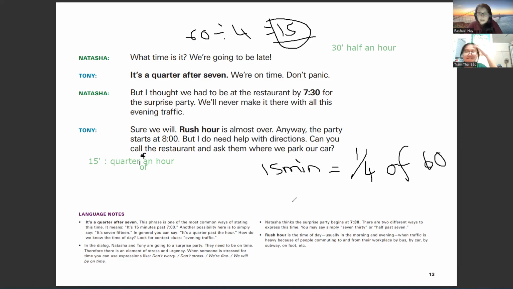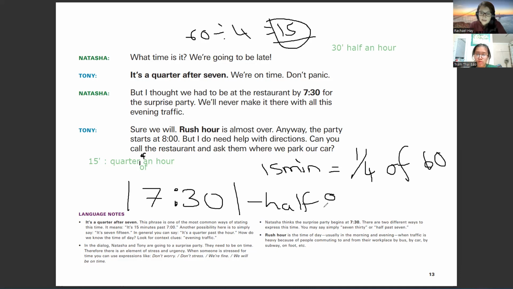Just for your information, not English, but I'm just giving you some information. If that is the time on the clock, 7:30, some languages will say it's 8:30, because they mean it's half an hour to 8 o'clock. They do it the other way around. They don't say it's 7:30.